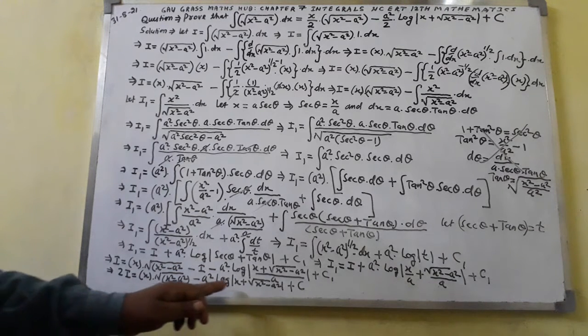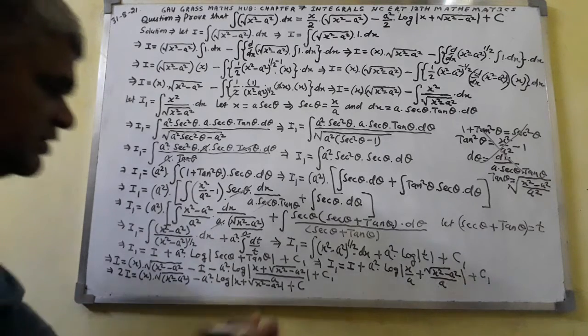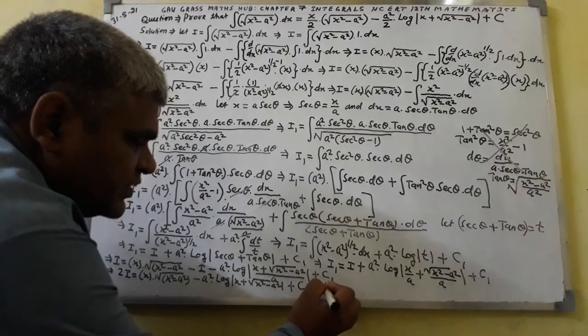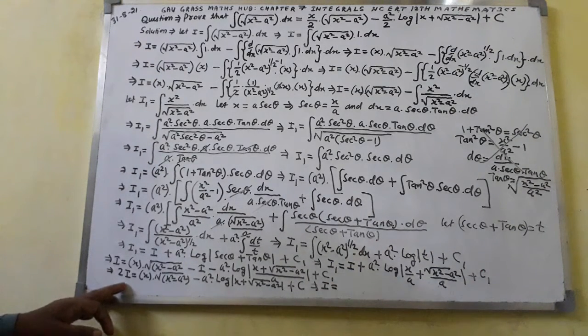Now here you can see it is correct. Now value of I will be, hence I equal to, here 2 is multiplied to I, will be thrown back to right hand side.